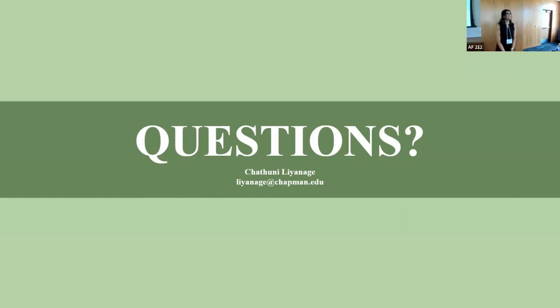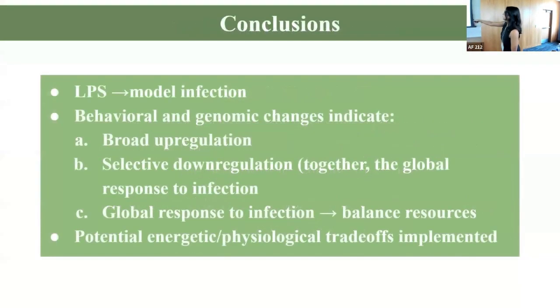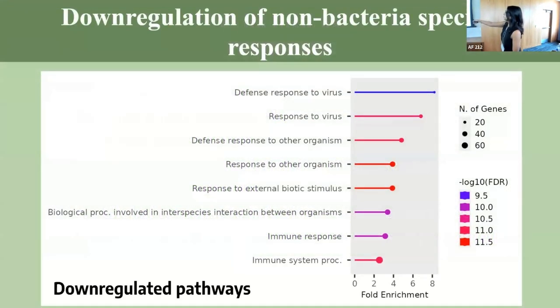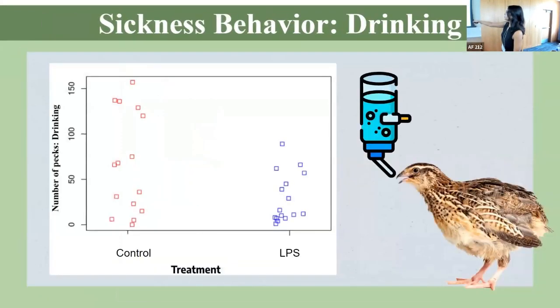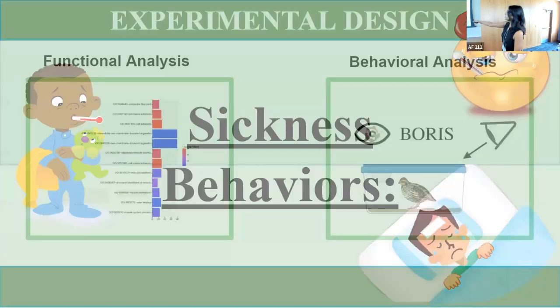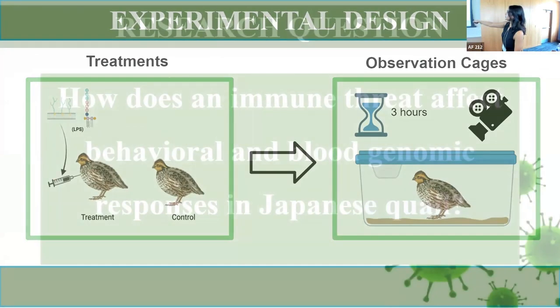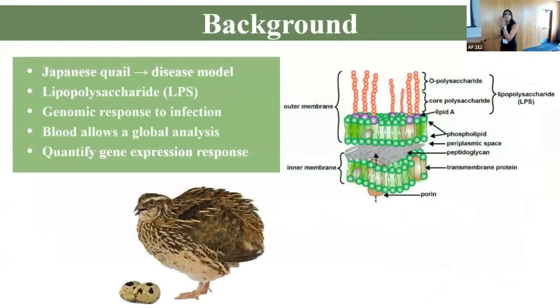Can you give me some example of LPS? Yeah, sorry, let me go back. Is it in food or? So it's a component of gram-negative bacteria, which is a type of bacteria, and it's found in their cell membrane.